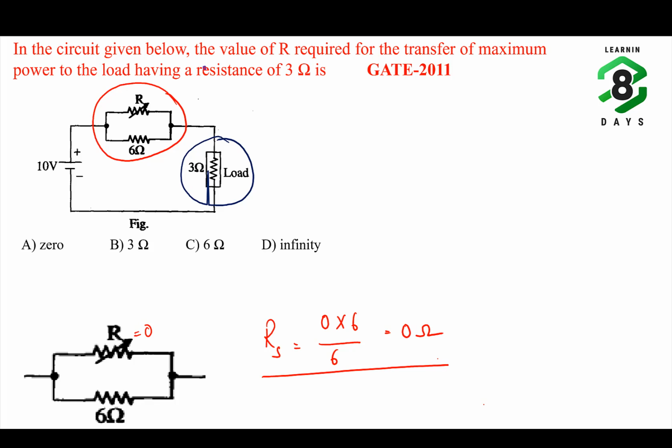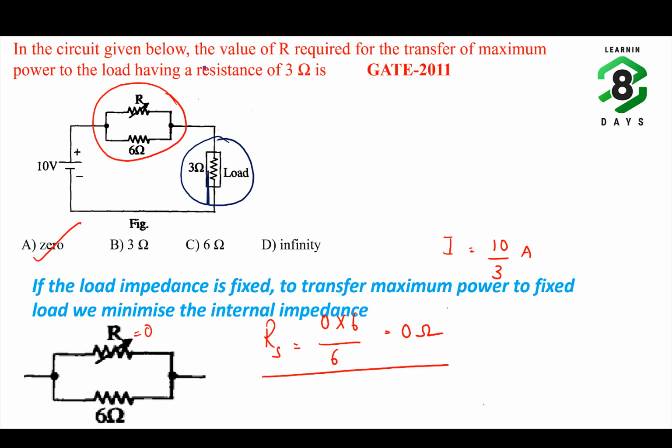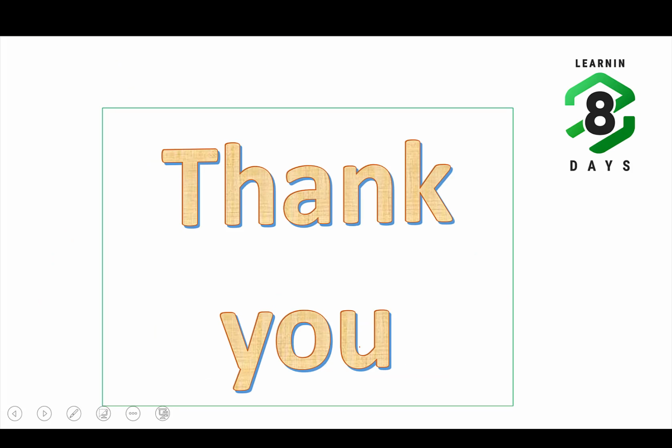So for R value equal to 0, the overall internal impedance of the circuit becomes minimum, that is 0, then in this case the maximum current, how much current will flow? 10 divided by 3 ampere will flow through the load resistor of 3 ohm, and it will transfer maximum power to the load. So the condition is, if the load impedance is fixed, to transfer maximum power to the fixed load, we have to minimize the internal impedance. Thank you.